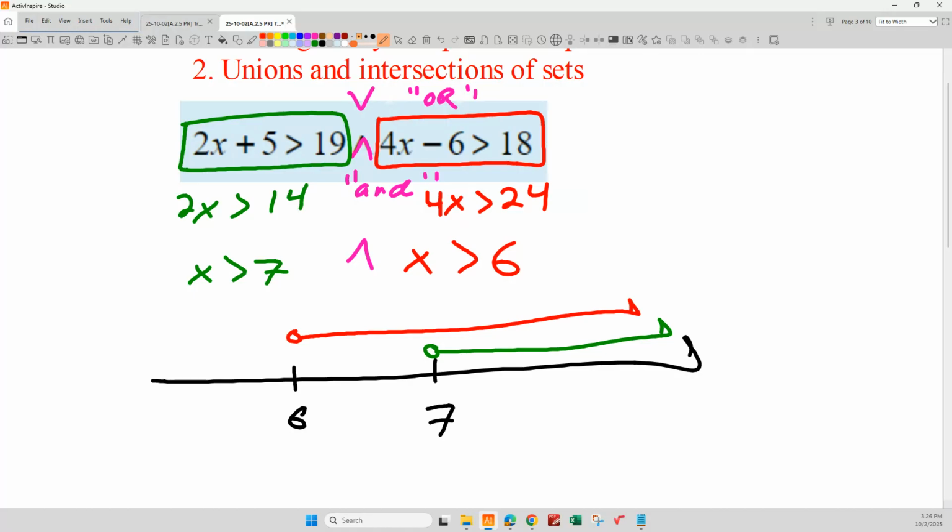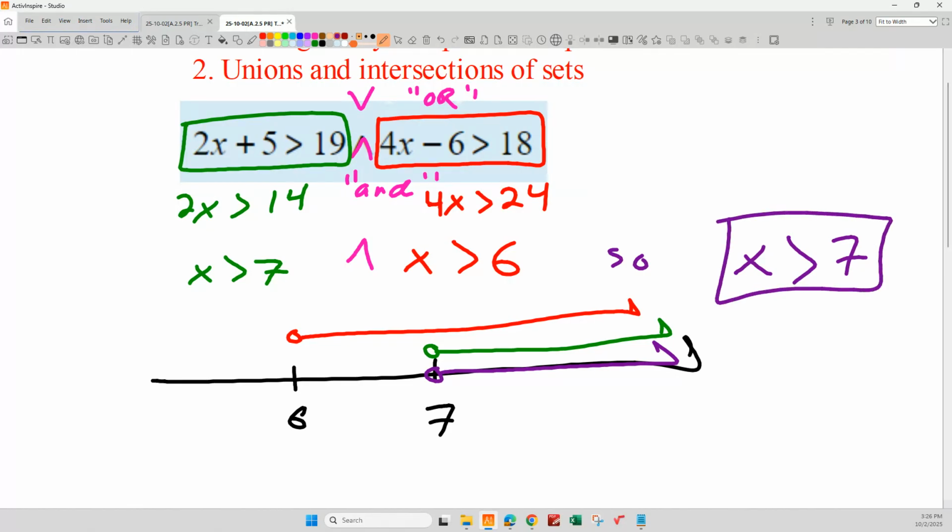That's where they overlap. And so the solution is going to be that. Okay? So solution is x is greater than 7. That's it. Because that's where they intersect.